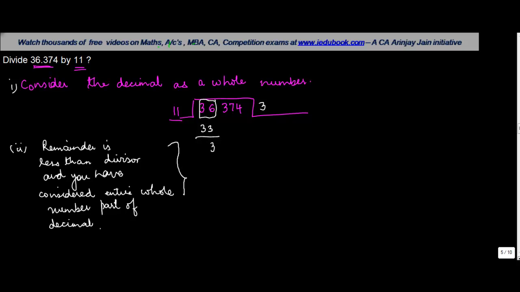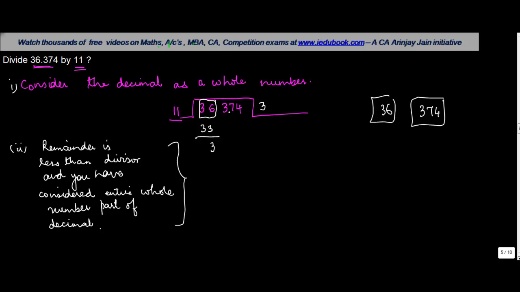So what will happen here is my whole number part in this decimal was 36, my decimal part was 374. When I multiplied 11 by 3, I got 33 and my remainder came to 3. My remainder is less than the divisor, which means that I have exhausted the whole number part.